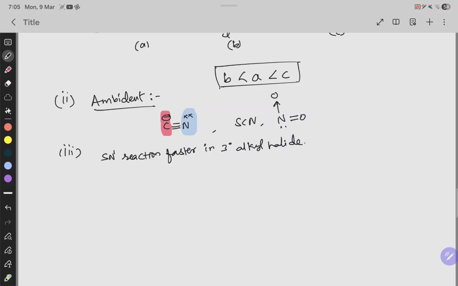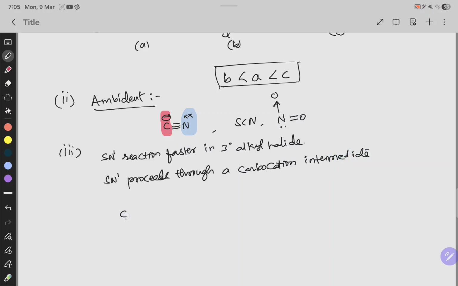Here the key concept is that SN1 reaction proceeds through a carbocation intermediate. This is very important to understand, right?